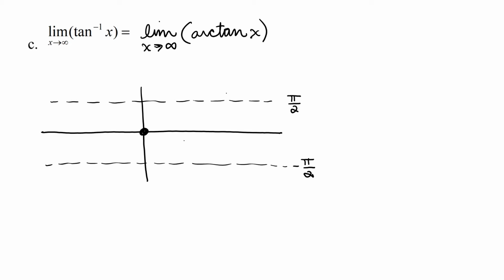And we go through the origin. And the shape of our graph, ooh, that's a little too curvy, looks something like this. It doesn't have to be perfect. We're just kind of picturing what the graph looks like in our head, or sketching a quick picture. And we can see as x approaches infinity, arctan, or inverse tangent of x, approaches pi over 2.